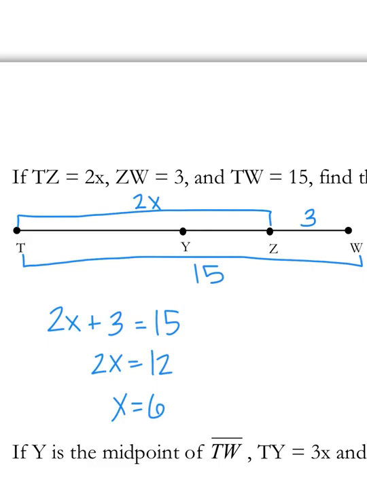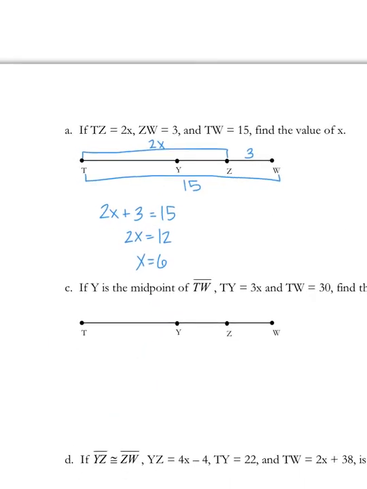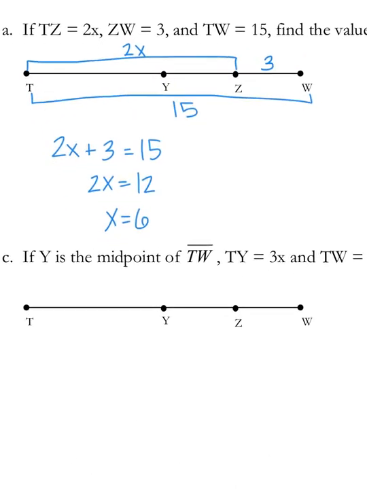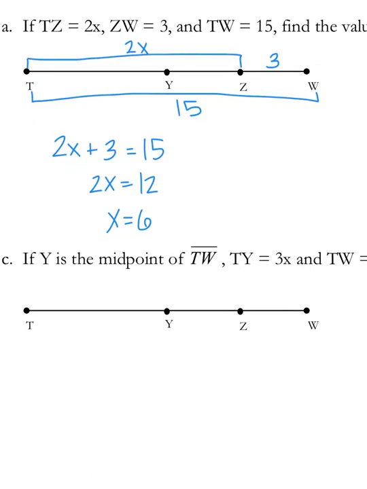So this is a very simple problem after you get all of the numbers and expressions in there. This says Y is the midpoint of TW. So this right here is going to be the same, and Z is in there, so I'm going to do a bracket and a tick mark on the bracket.